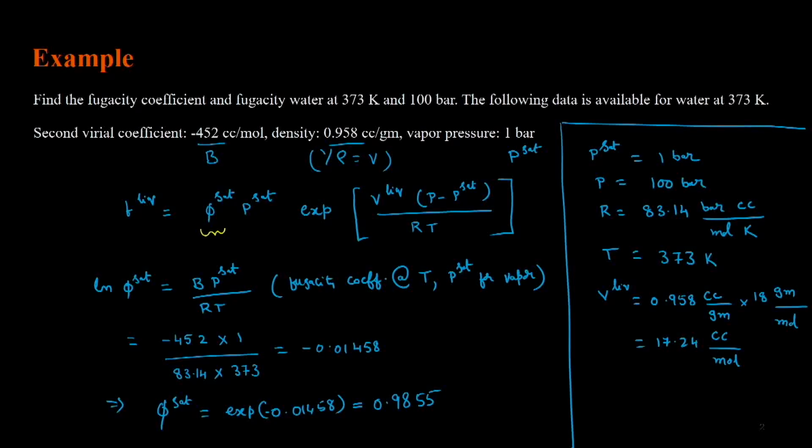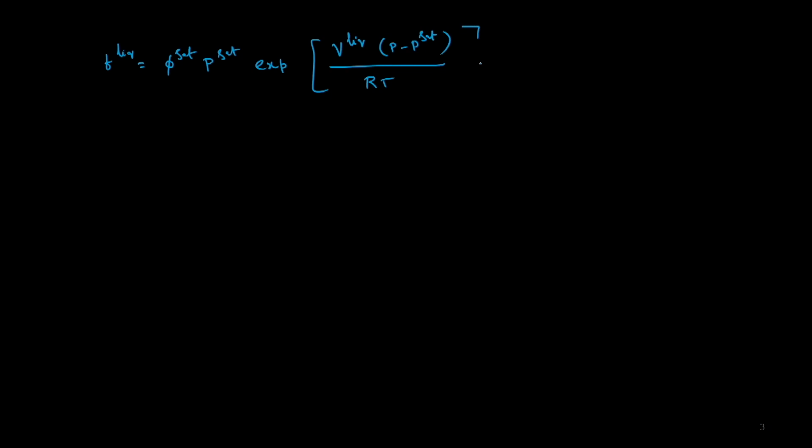Now I have everything I need to calculate f liquid. F liquid, we said, is phi sat times P sat times exponential of V for the liquid times P minus P sat over RT.